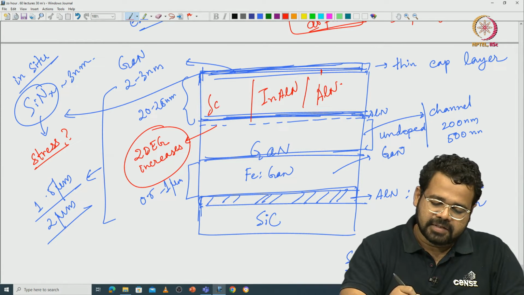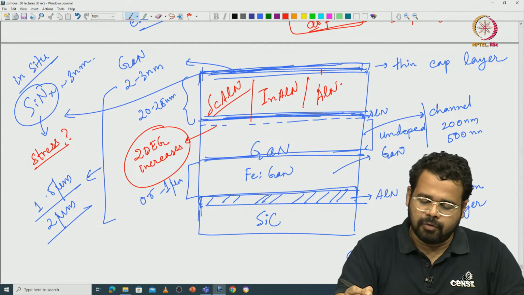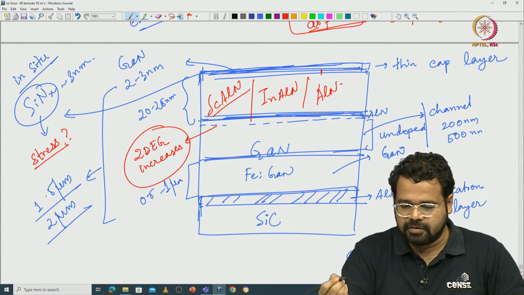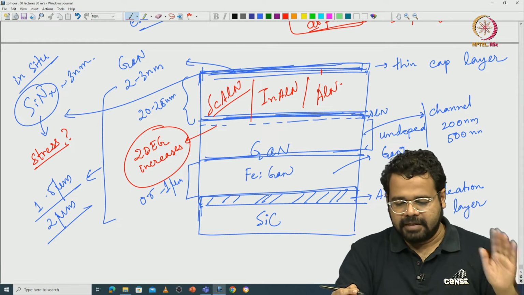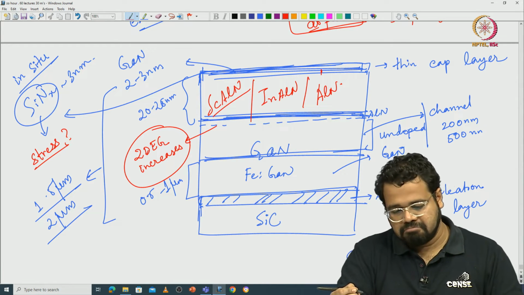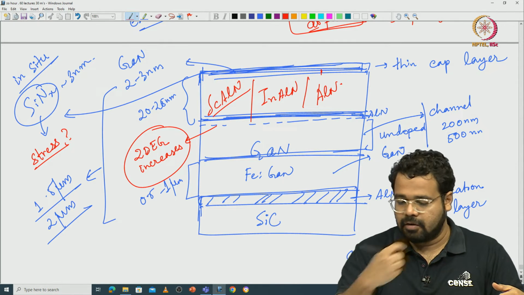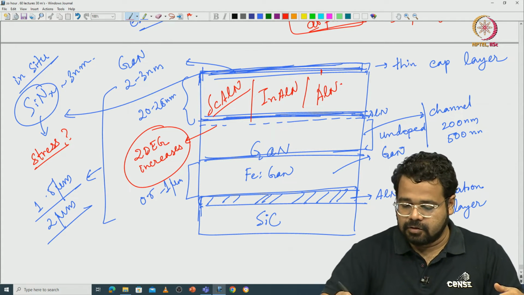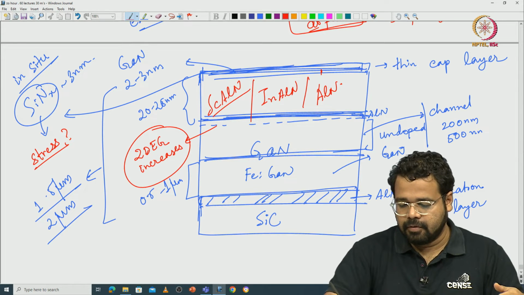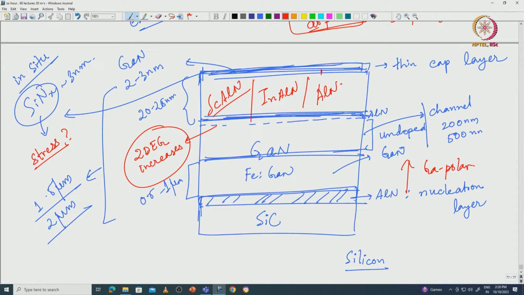Nowadays people are trying even scandium aluminum nitride, which is a very strongly polarized material, it is a ferroelectric material. So there are different materials that are being tried, but commercially and practically speaking AlGaN GaN HEMT still is the most common material and technology out there for gallium nitride RF devices, okay, and this is all in gallium polar orientation that we talked about.